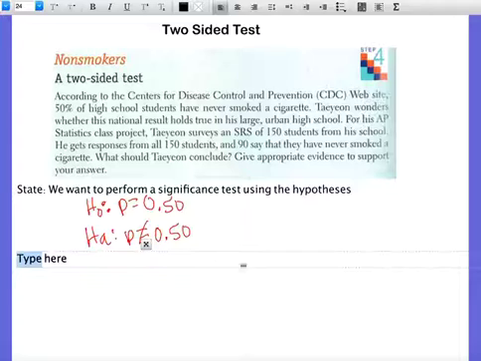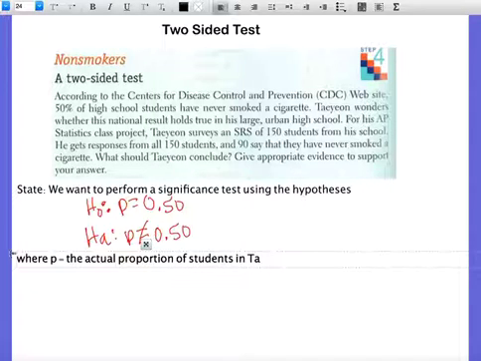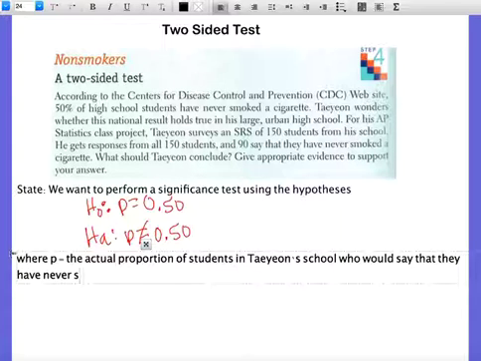So you would say where p equals the actual proportion of students in Taeyeon's school who would say that they have never smoked a cigarette.